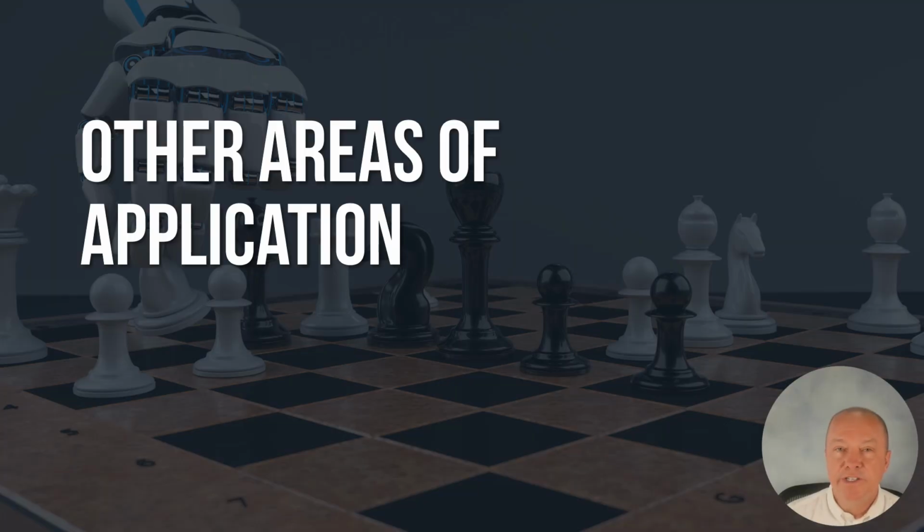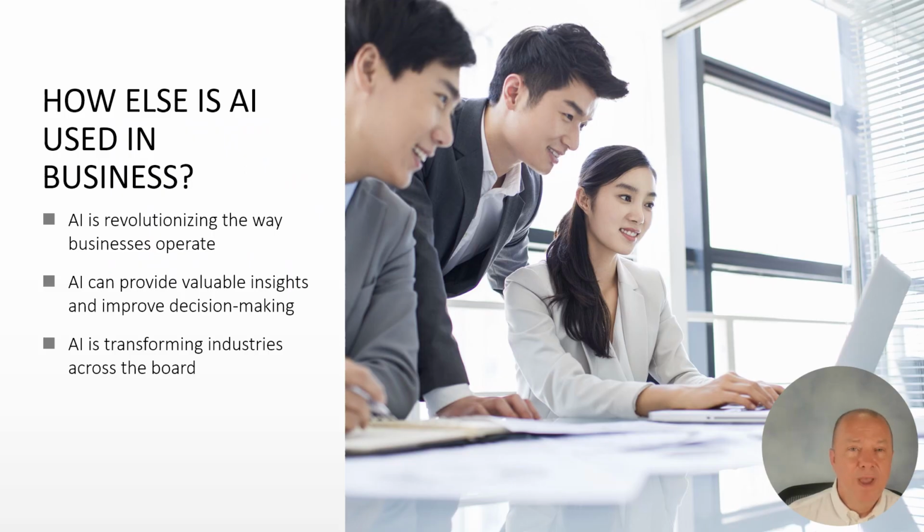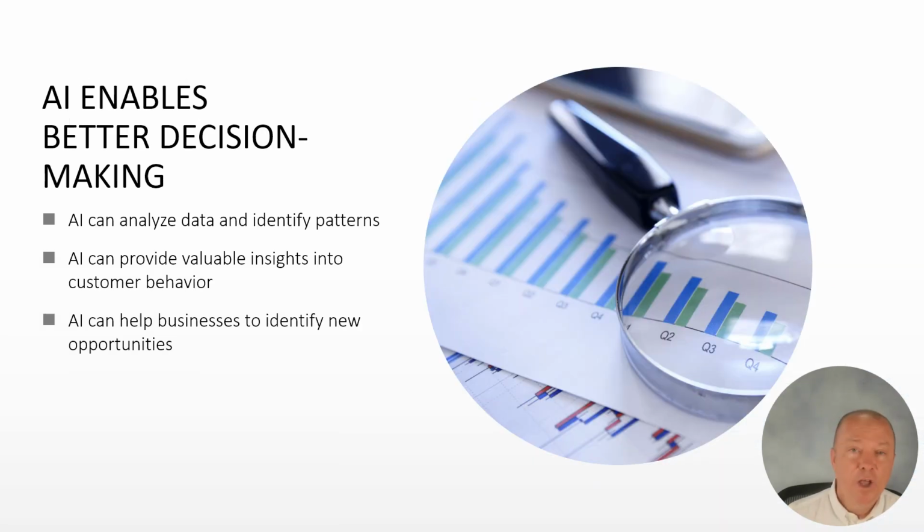We're now ready to take another look at other areas of application of AI in business. So AI is revolutionizing the way that businesses operate. It can provide valuable insights and improve decision making, and AI is transforming industries across the board. AI helps us to make better business decisions.